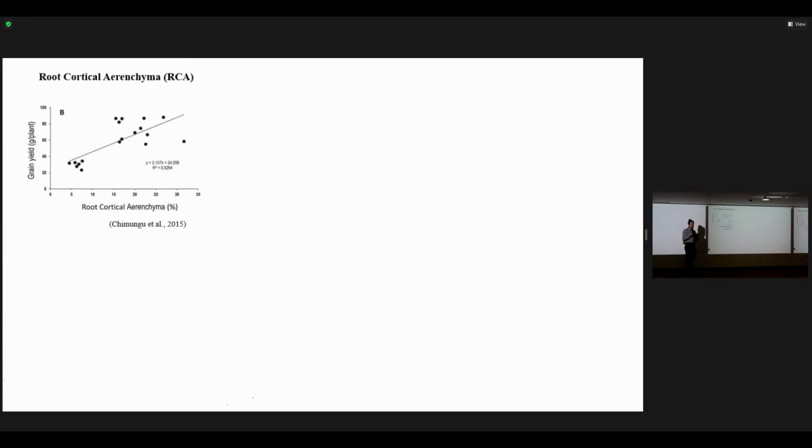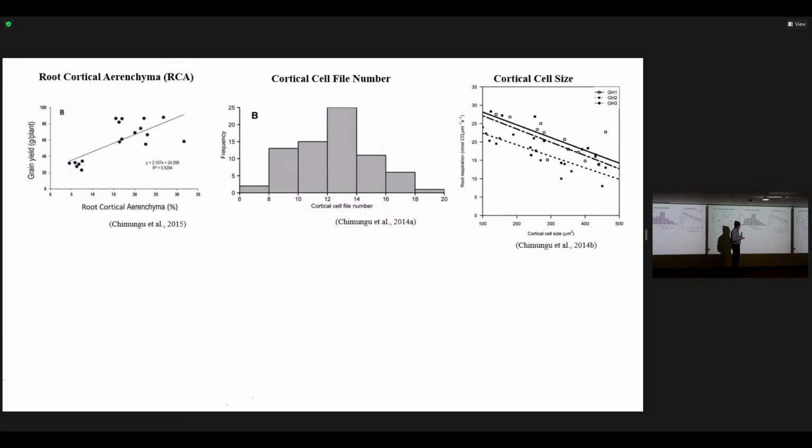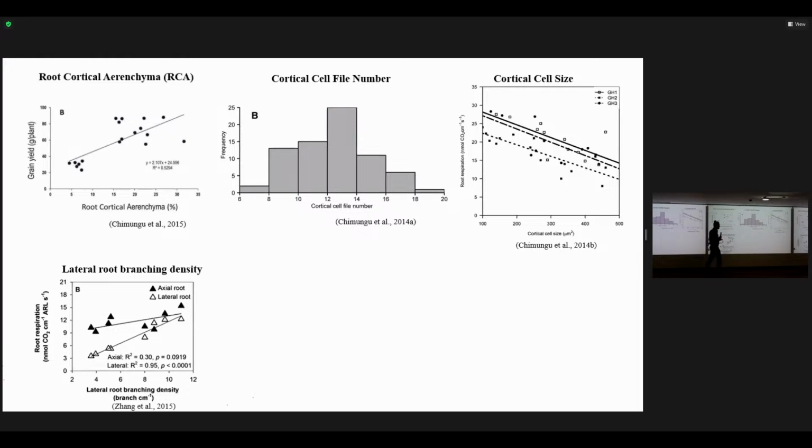I am just showing the crown root number, but we have seen different Phene states for other Phenes. For example, for root cortical aerenchyma we see that the variation goes from 5% to 30%. Also, the cortical cell file number goes from 8 to 20, and the cortical cell size goes from 100 to 500 micrometers.